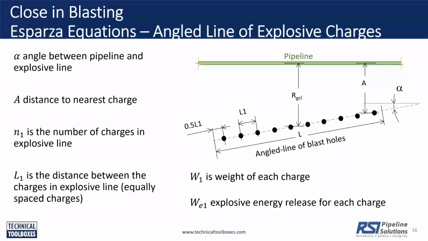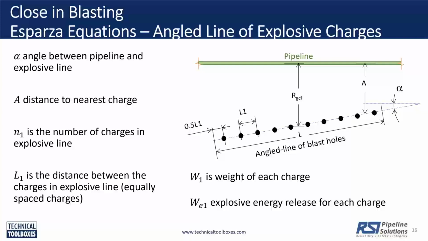We have the angle between the line and the pipeline. We have a distance from the center of the geometry of the line source to the pipeline, and so forth. There is a spacing between the blast holes, and the total number of blast holes. Just remember, again, that 8 milliseconds, keep that in mind.